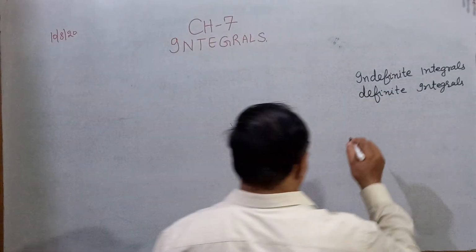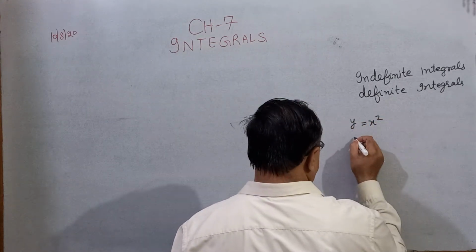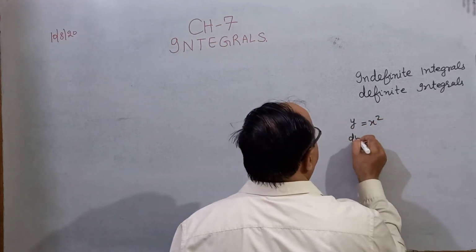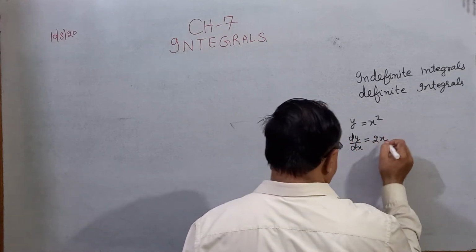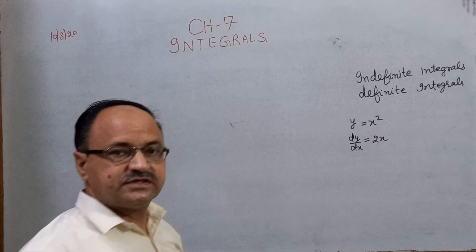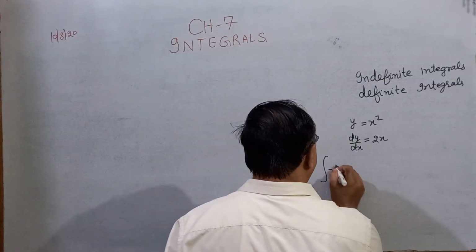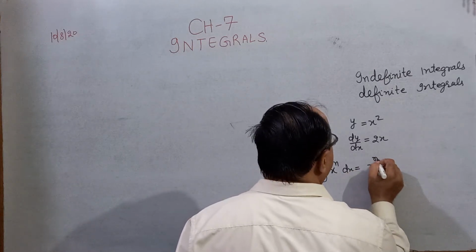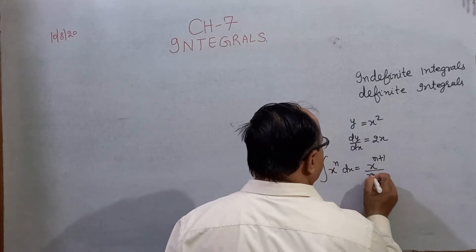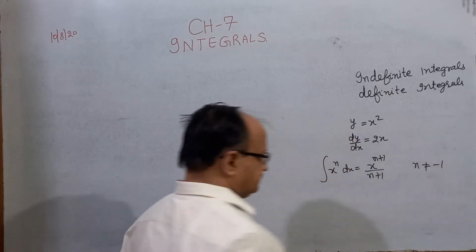For example, the derivative of x square is 2x. And one formula of integration: the integral of x to the power n is x to the power n plus 1 by n plus 1, where n is not equal to minus 1.